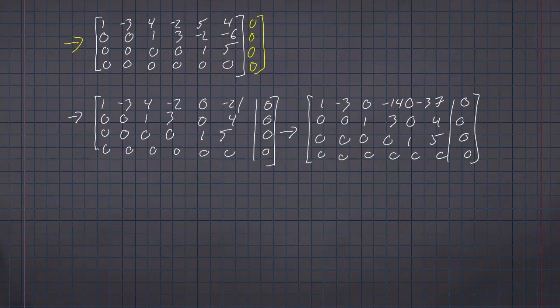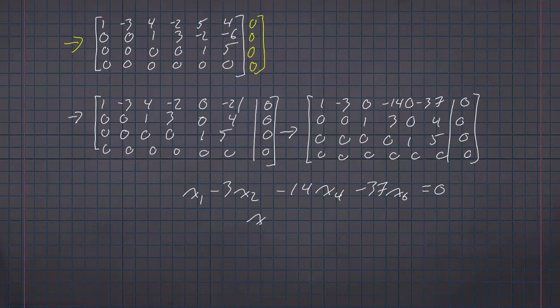All right. But in doing this, we get a nice system of equations. I guess x1 minus 3x2 minus 14x4 minus 37x6 equals 0. We've got x3 plus 3x4 plus 4x6 is equal to 0. And we've got x5 plus 5x6 is also equal to 0.